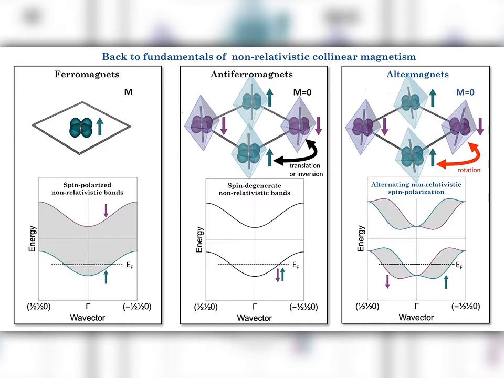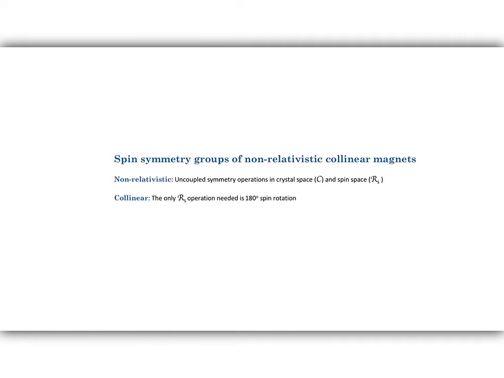So let me go to the formal description of these three types of magnets by the spin symmetry groups. As I said, we want to describe physics which is non-relativistic, and we're going to limit the discussion today to collinear antiferromagnets.